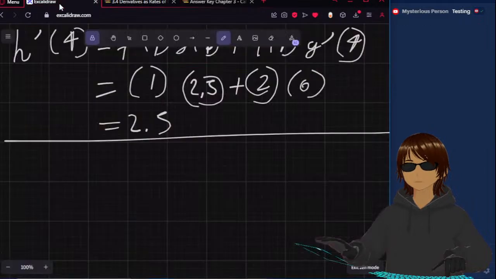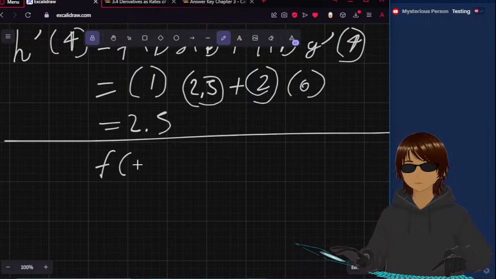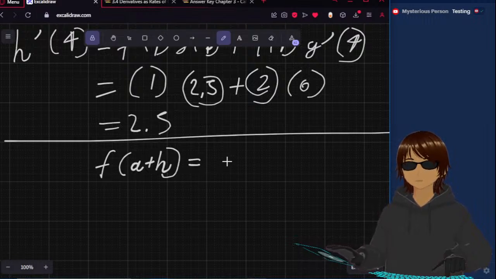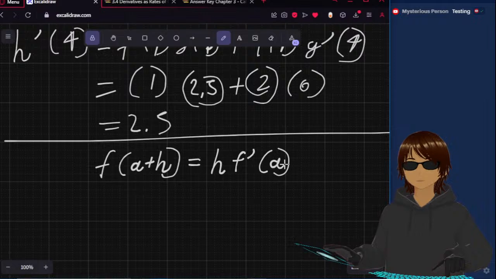Okay, I can write this f of a plus h is equal to h times the derivative plus f of a.